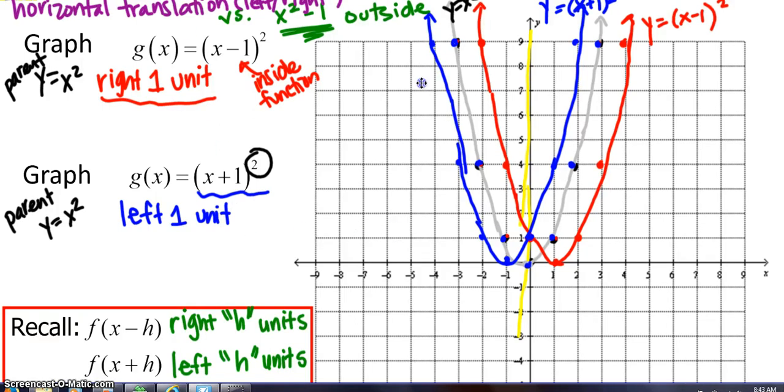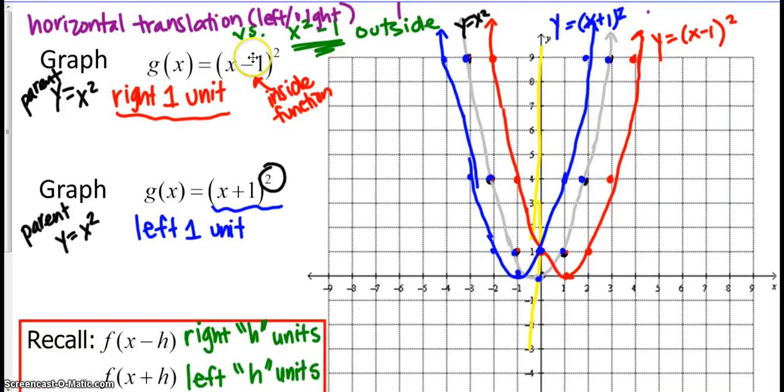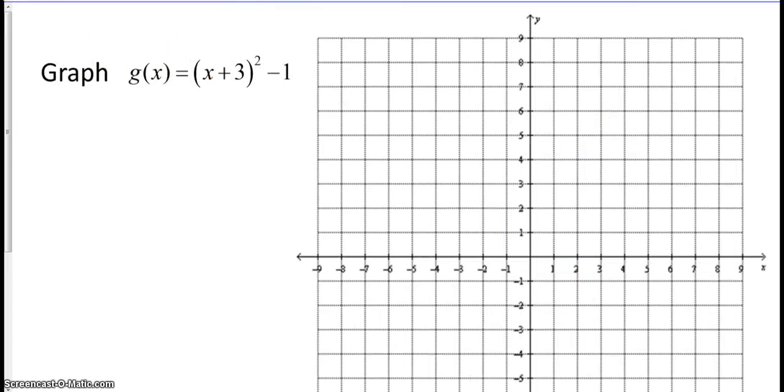I'm not sure if you can see that now. Okay, you should be able to see that now. The horizontal translation goes left and right. So we are going to combine translations where we are going to use both a vertical and a horizontal translation. So we're going to look at our function and hopefully see that we can recognize the parent function to be y equals x squared. And I can see that from this square right here outside the parentheses.